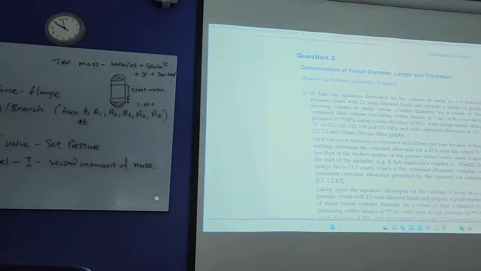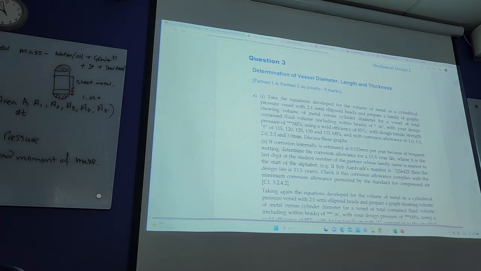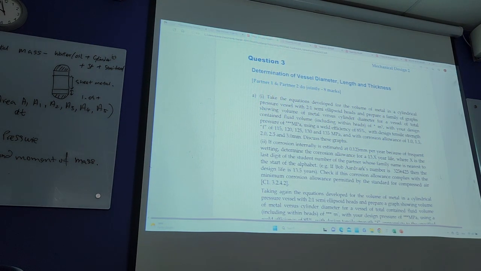Anyone didn't get between 1.2 to 1.3? This is the last time to clarify.